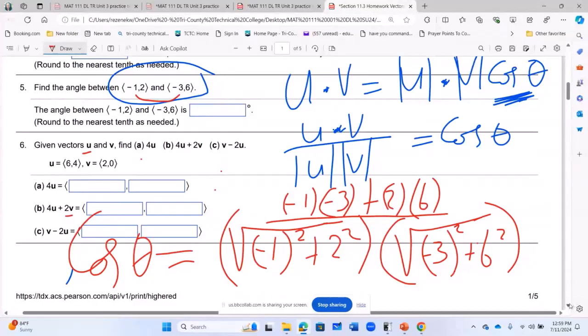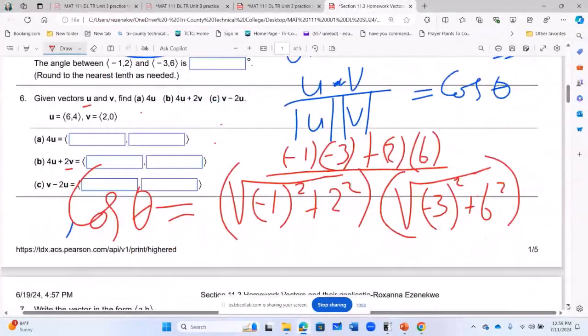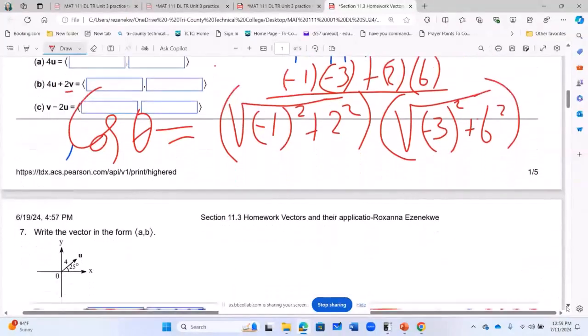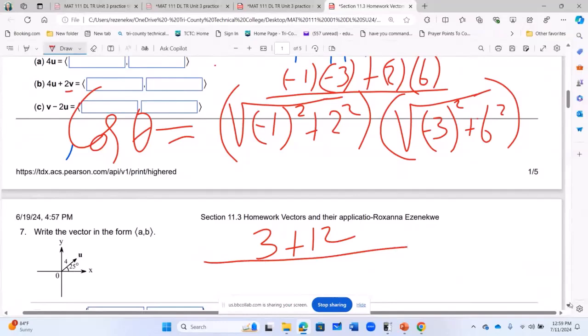Okay, let me simplify the numerator. I already know that numerator is not equal to 0. So -1 multiply -3 is +3. So I'm going to write +3 here. +3. 2 times 6 is 12. All over.